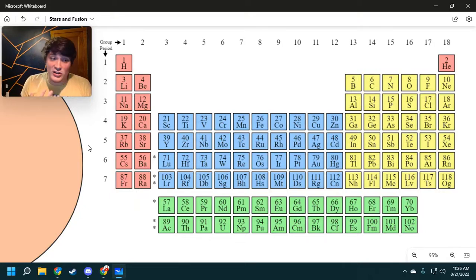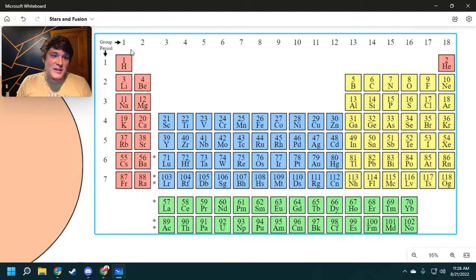We're not going to get super in depth talking about what makes all of these different elements special. All that you need to know for this class is that these numbers next to each of the elements indicate, for simplicity's sake, the size of these elements. It tells us how many protons each of these elements has.